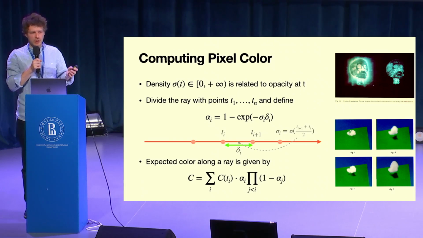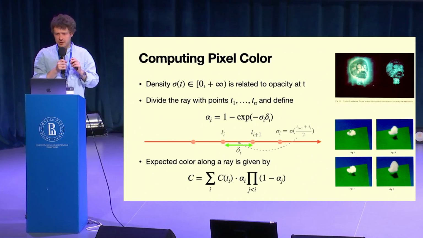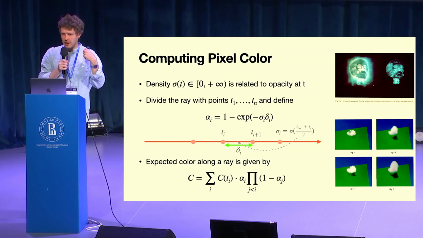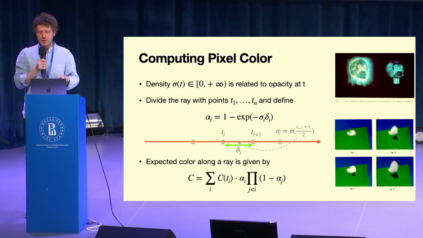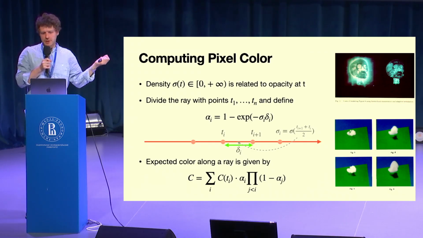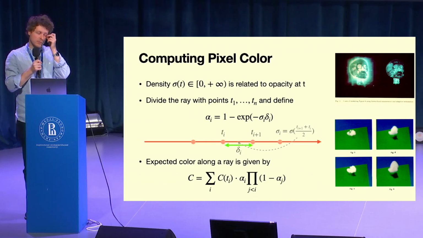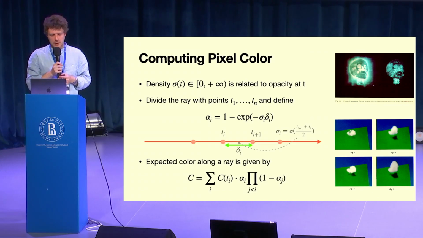Instead, we accumulate color from all points on the ray. Some points are transparent, and they contribute no color to the output pixel color. And some points are opaque, not transparent, and we have to get the color of these points and add them to compute the output color of a pixel.